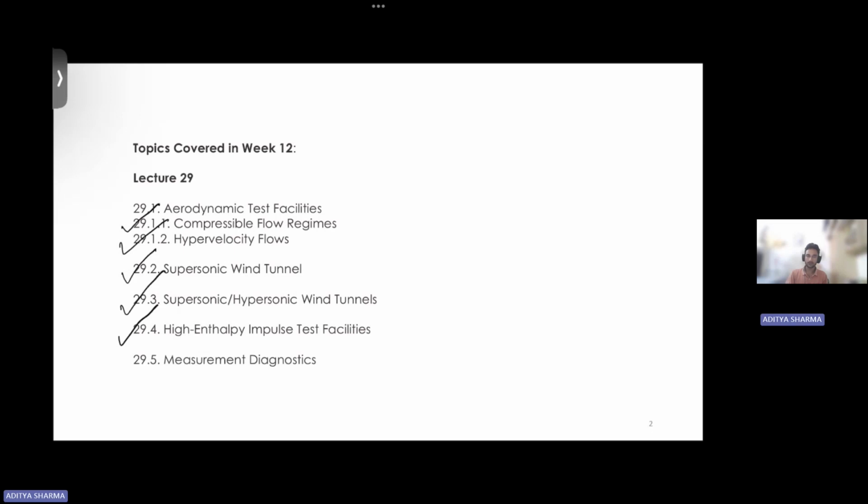So setups like Schlieren apparatus, then shadowgraph technique, then interferometer, then we have high speed imaging cameras, then there is electric discharge based flow visualization, right? All this has been discussed at the end of this lecture.